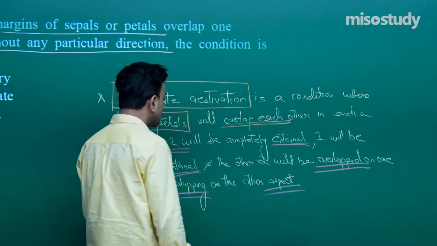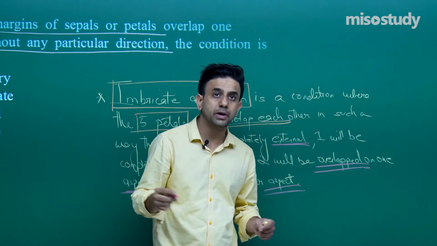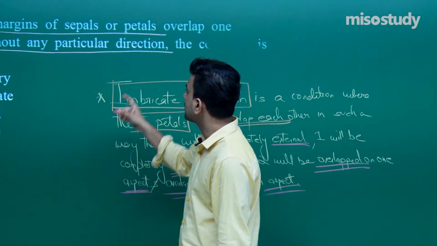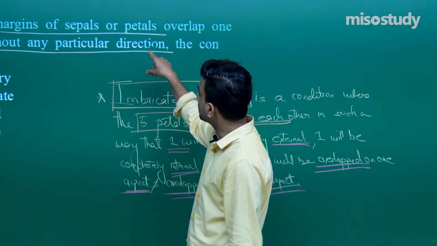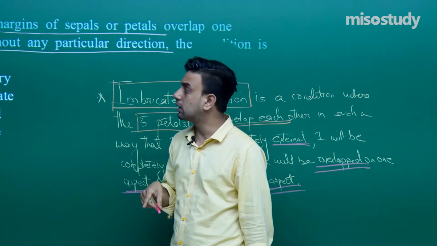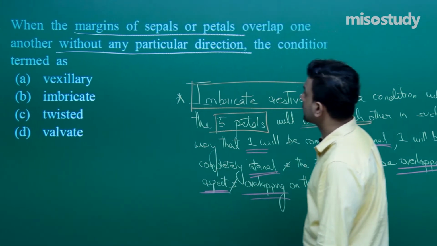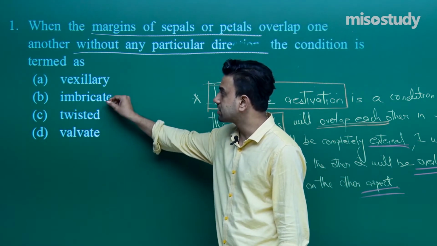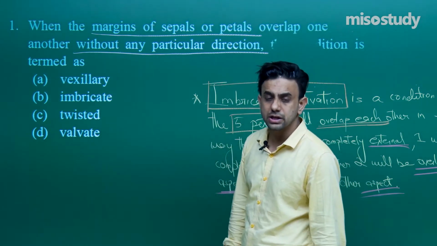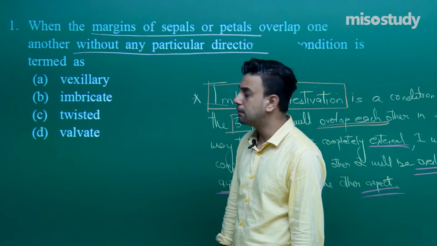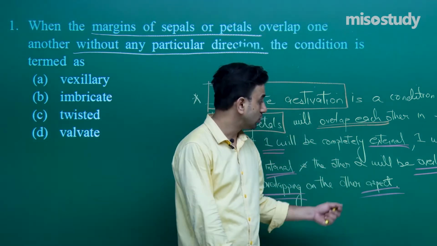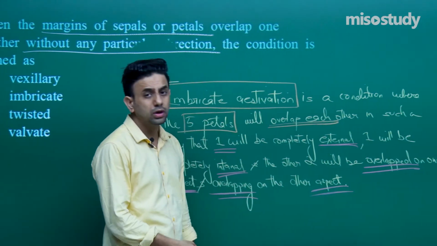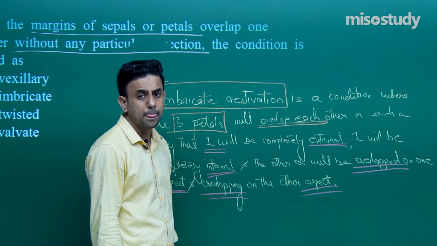That is why we say that the sepals or petals overlap one another without any particular direction. The condition is termed as the imbricate condition, because here there is no particular direction.